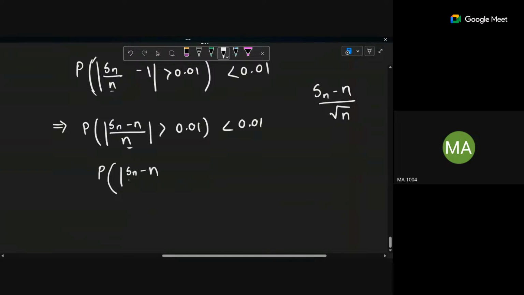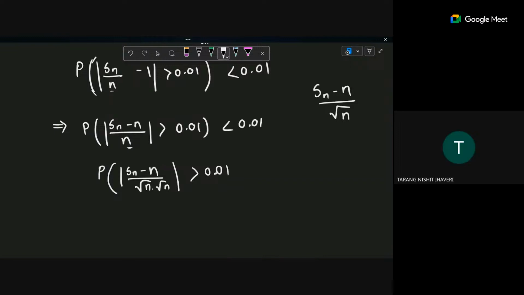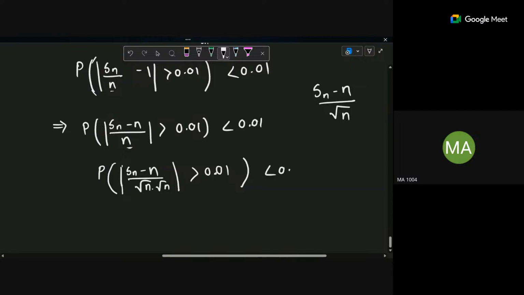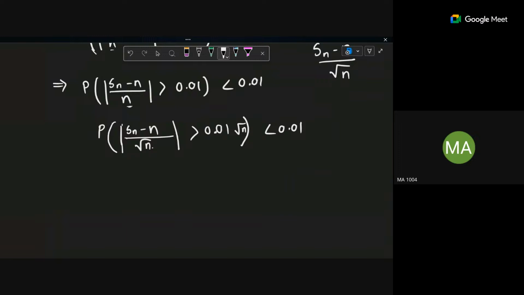May I write n as square root n into square root n? Yes. Okay, then what will be my next move? I will shift one square root n from here to here. Everything is correct mathematically now.